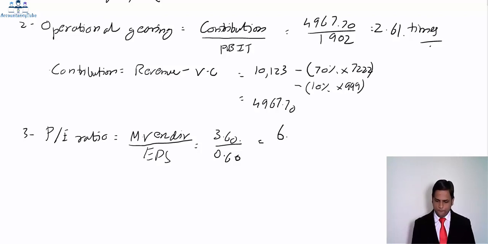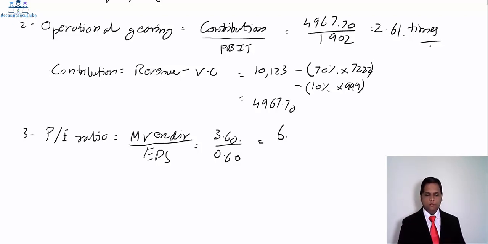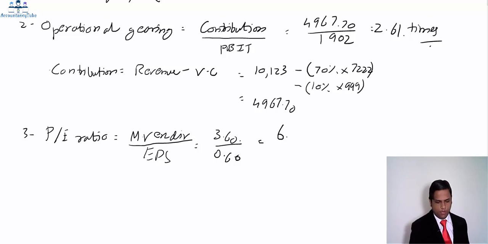That is our PE ratio for Henry Co. The ex-dividend share price is used in this computation because it shows the underlying value of the share after the dividend has been paid. So that's the reason behind using the ex-dividend share price.